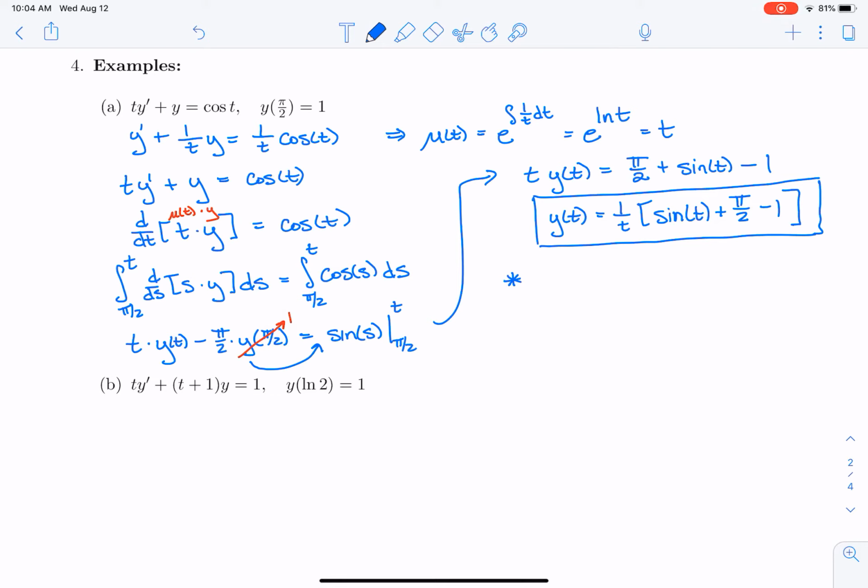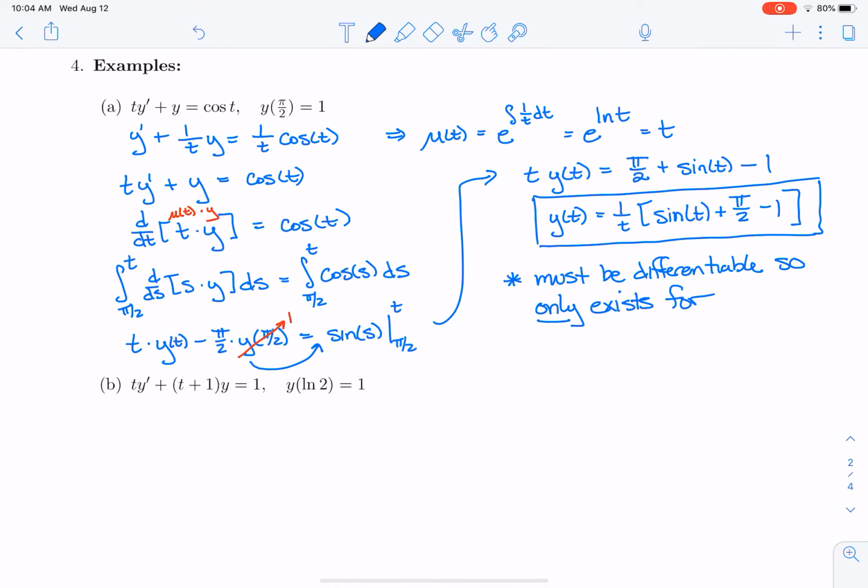Okay, so this solution is supposed to be differentiable. So because it's not differentiable at t equals 0, the solution only exists when t is not 0.